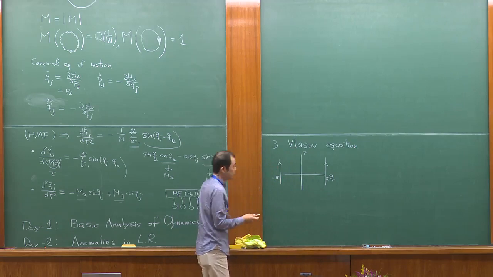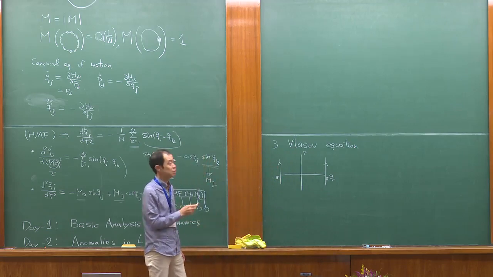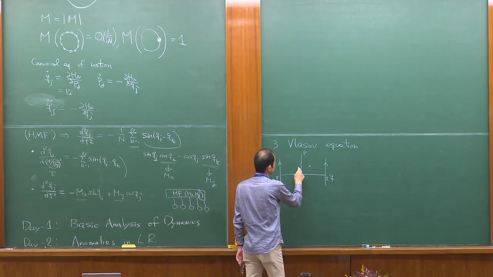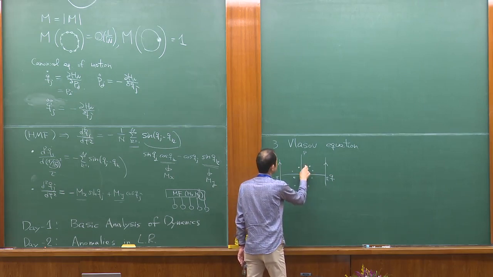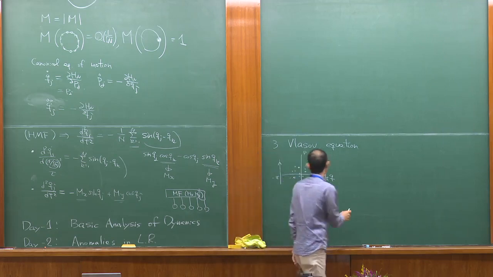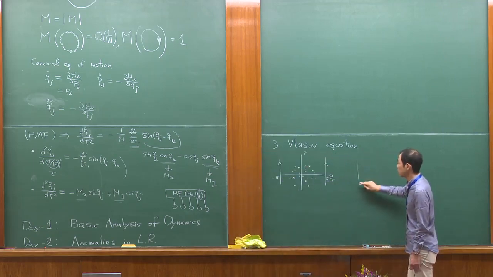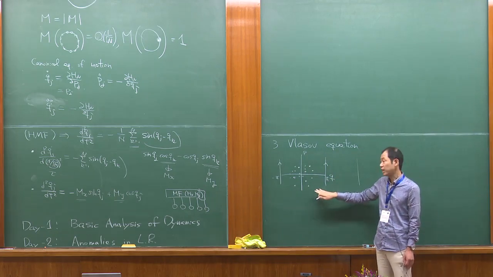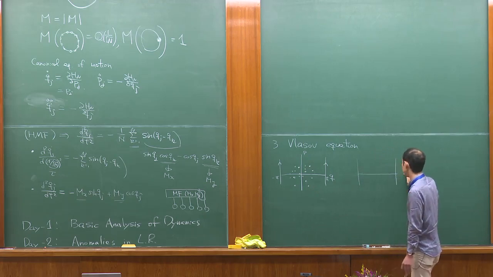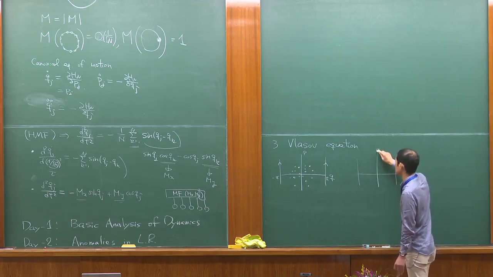And then I put the n particles on this plane. So q1, p1 here, q2, p2 here, and q3, p3 here, and so on. So I put n particles on this plane. And if we continue to infinity, so n very large, then it is similar to considering the distribution.